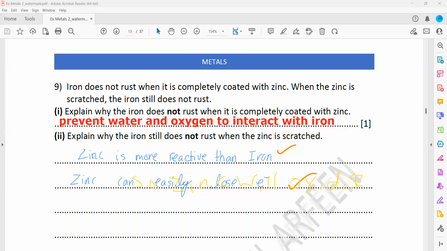Or you can mention that zinc loses electrons easily or oxidizes, second mark, or electrons are transferred from zinc to iron, or zinc to oxygen, or zinc to water, not iron to oxygen. So that's how you score the marks.